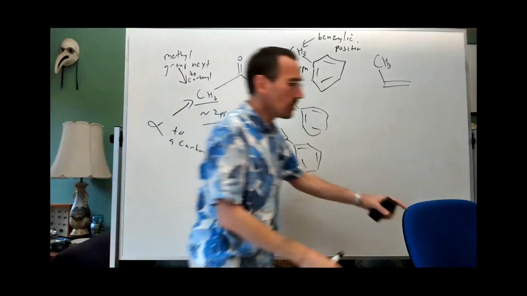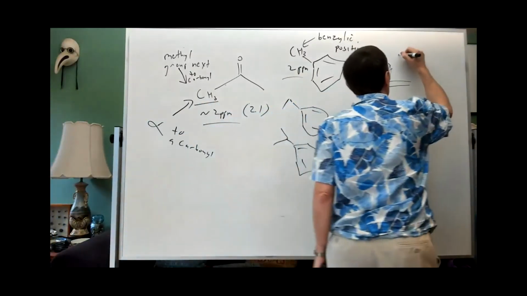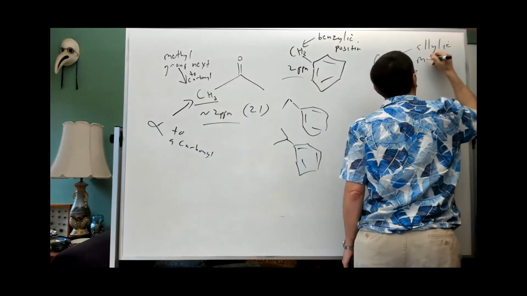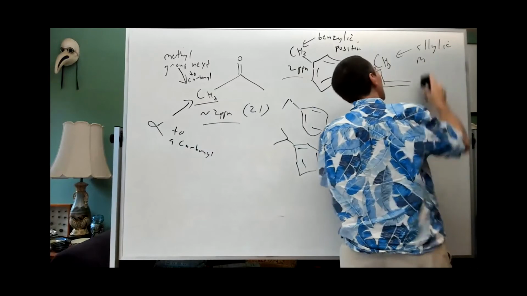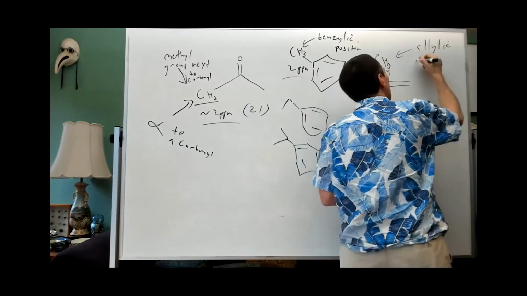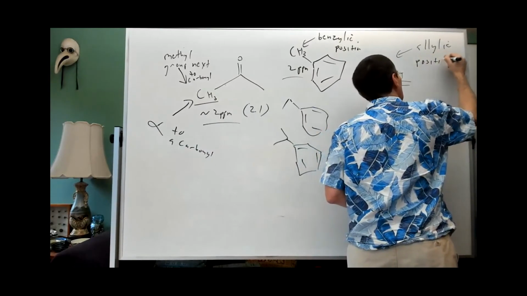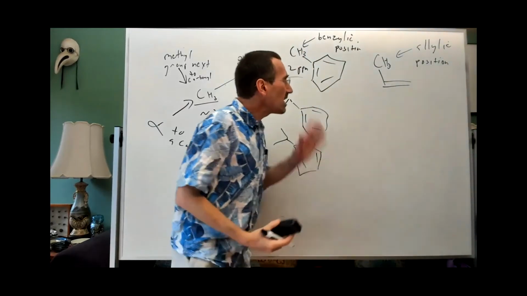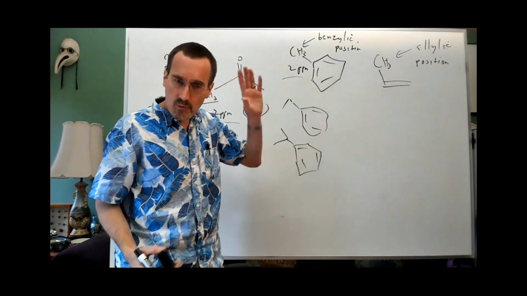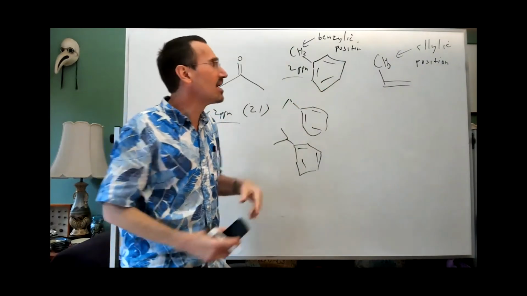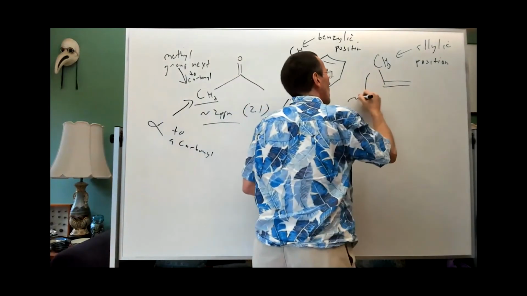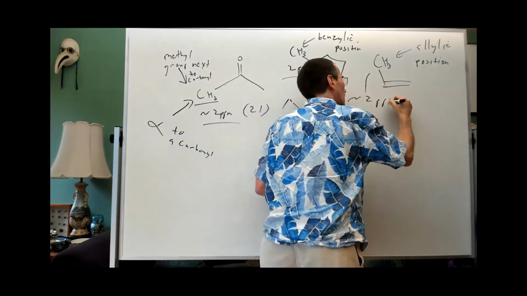And here we'll say an allylic methyl. Or I'll say allylic position, since we're trying to be sort of inclusive in our language. And again, if you can only keep one digit in your head, lump it with the others. Put it as about 2 parts per million.